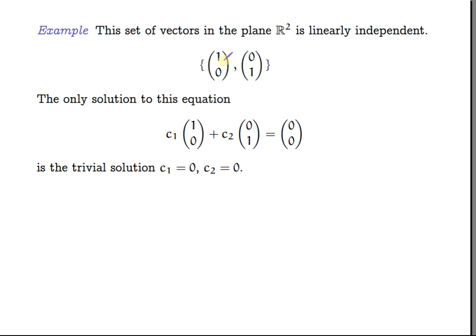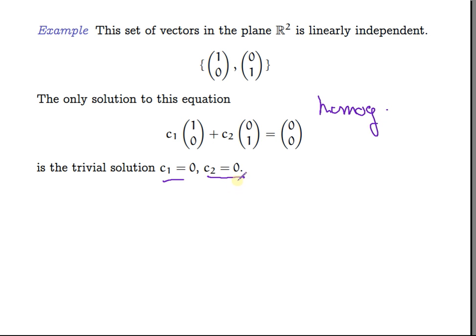Well, if I try to take a linear combination, if I try to form a linear relationship between these two vectors, that is, take a linear combination and set it equal to 0, this is a homogeneous equation, and the only way to form a linear relationship among these two vectors is if the two coefficients are 0.